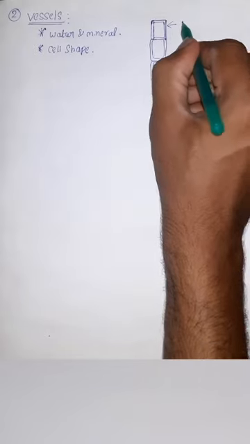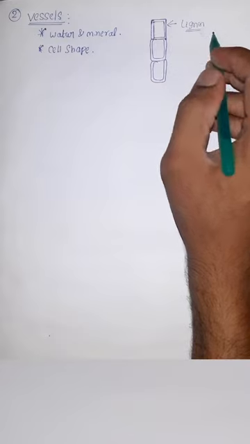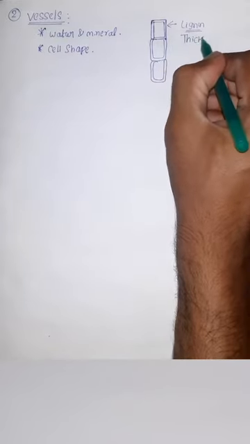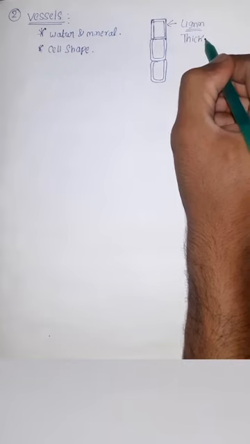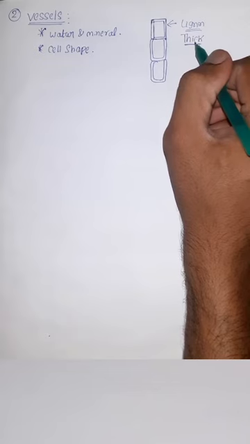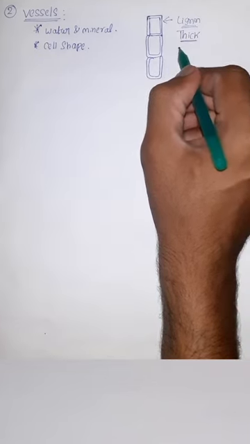Here also we can see lignin as a secondary wall material, but here the lignin is deposited more. That's why the cell wall is very thick when compared with tracheids, and these cells are wider than tracheids.